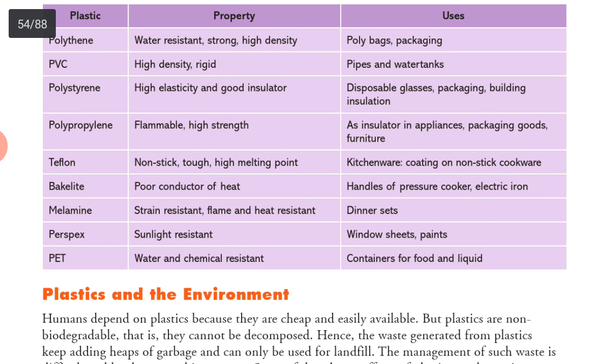Polypropylene: flammable, high strength, used as insulators in appliances, packaging goods and furniture. Teflon: non-sticky, tough, high melting point material used in kitchenware, coating on non-stick cookware.